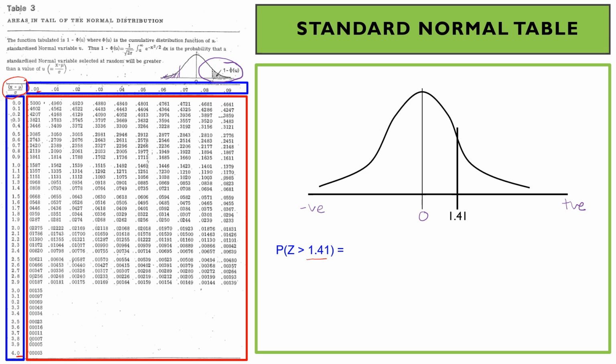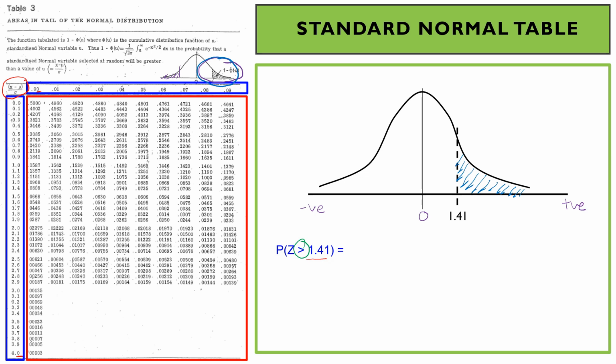Back to the original example. Z more than 1.41. The symbol here is greater than, or more than, so the shaded region is to the right of 1.41. That is the smaller region, same as the table, so you can read directly from the table.